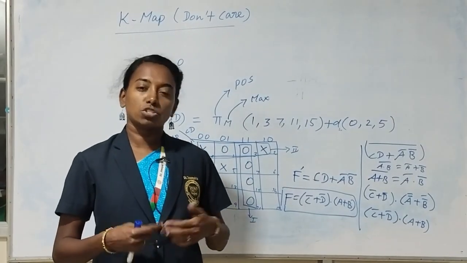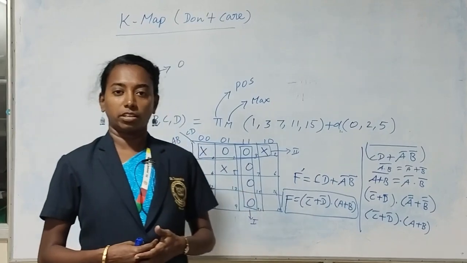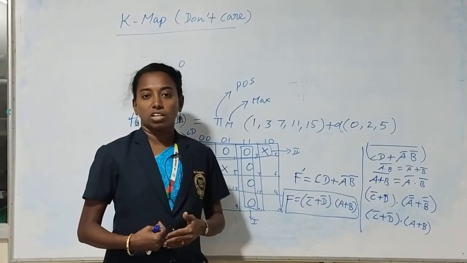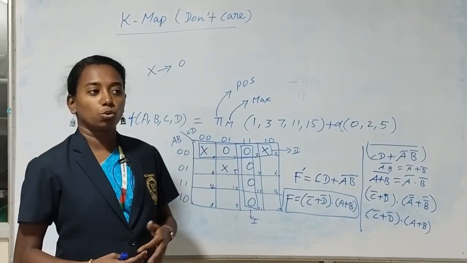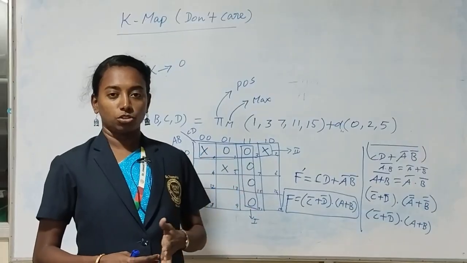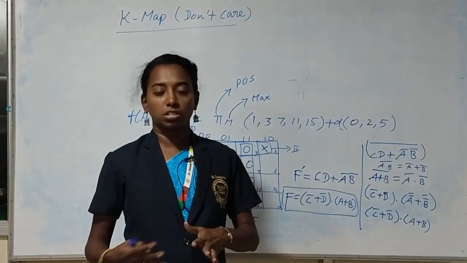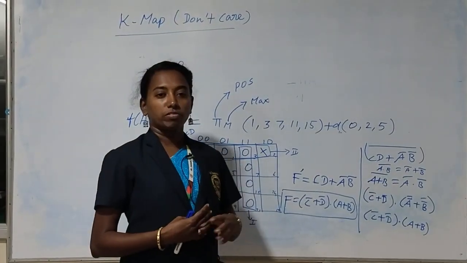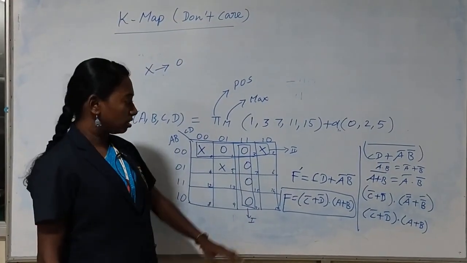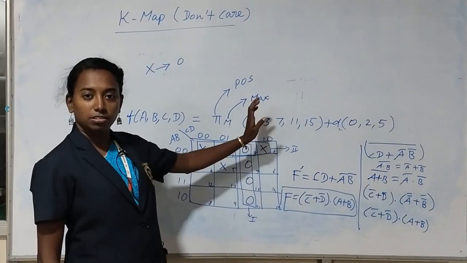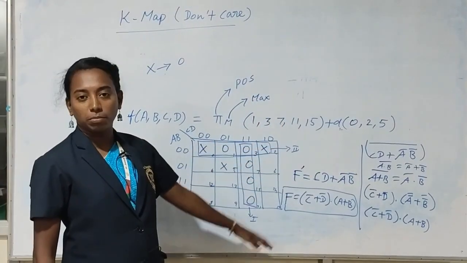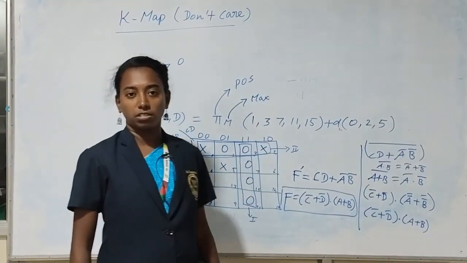These are the most commonly used minimization techniques. There is one more technique called Quine-McCluskey method, which is tabulation method. That method will be used for the variables which is above 6 variables. Okay, so we will be seeing that in next class. So as for today's class, the 3 variable K map and 4 variable K map with the don't care condition is over.